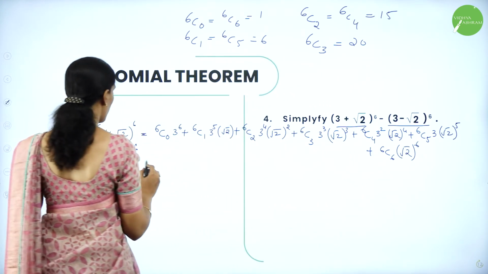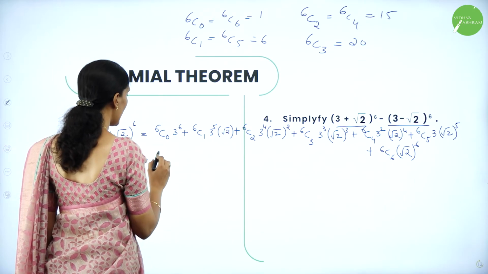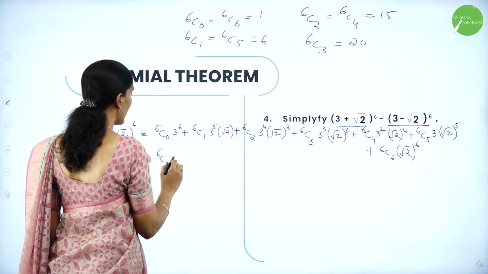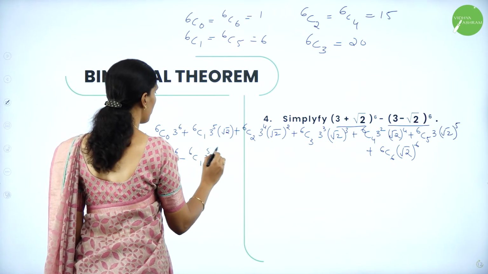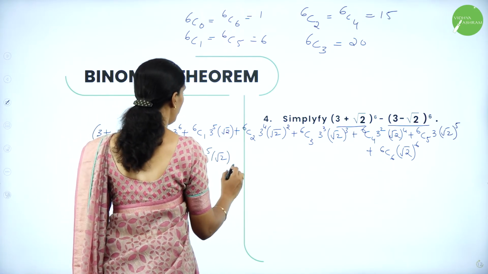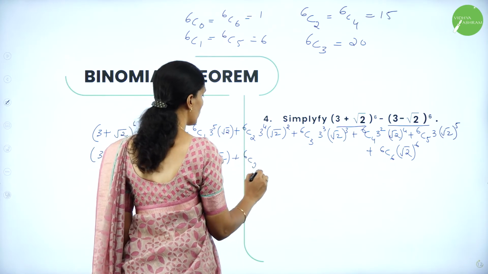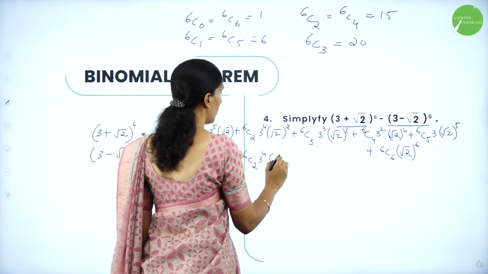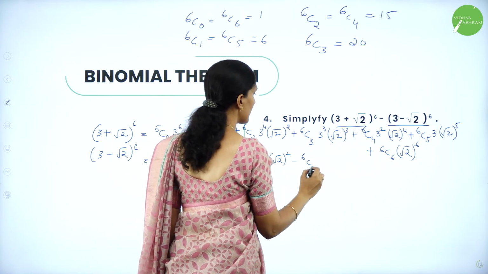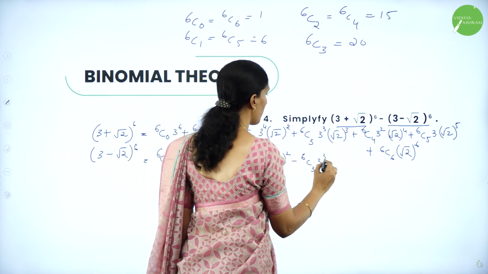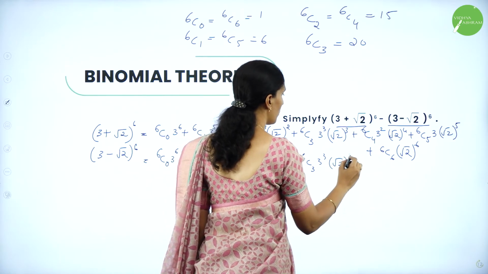Similarly, expand this one. So you will get the same but change the alternative signs. Minus 6C1, 3 power 5 root 2. Plus 6C2, 3 power 4 root 2 whole square. So this is minus 6C3, 3 cube root 2 whole cube.